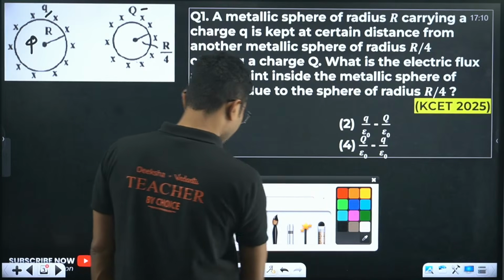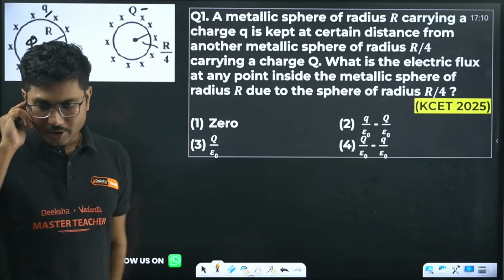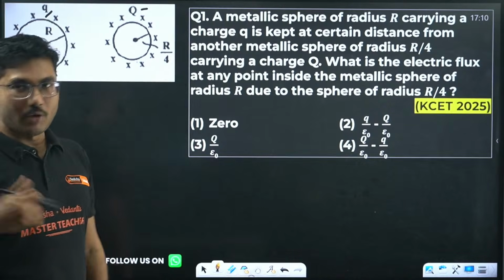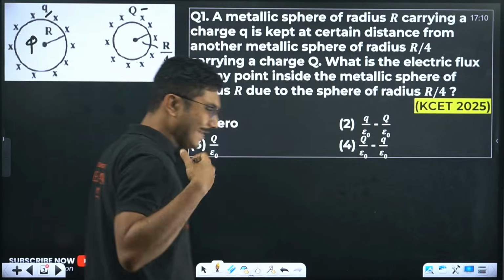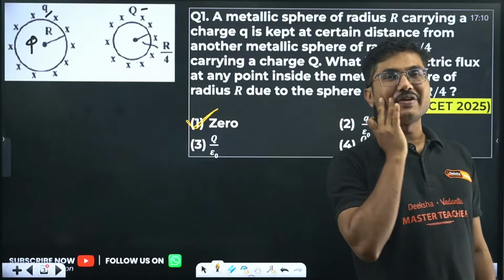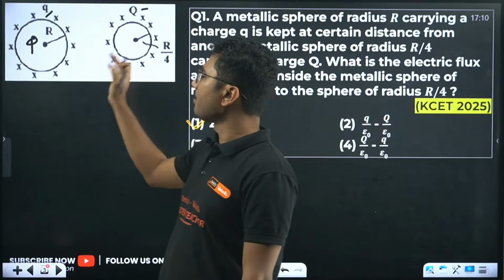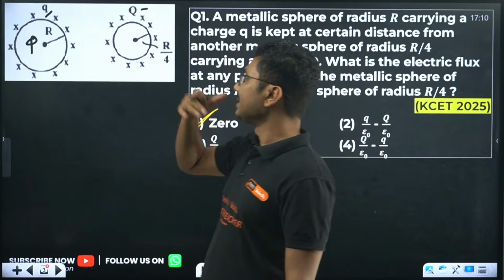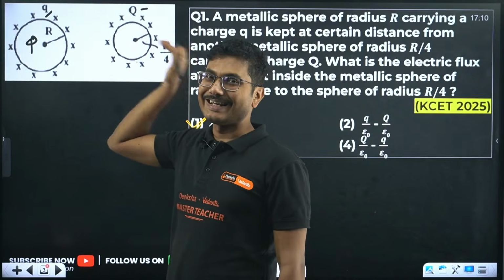We are trying to find the flux inside this sphere due to this sphere. So what is the answer? Most of you are saying option 1 or option A, which is 0. Now for any metallic sphere, the flux inside will always be 0, no matter what charge you consider outside.